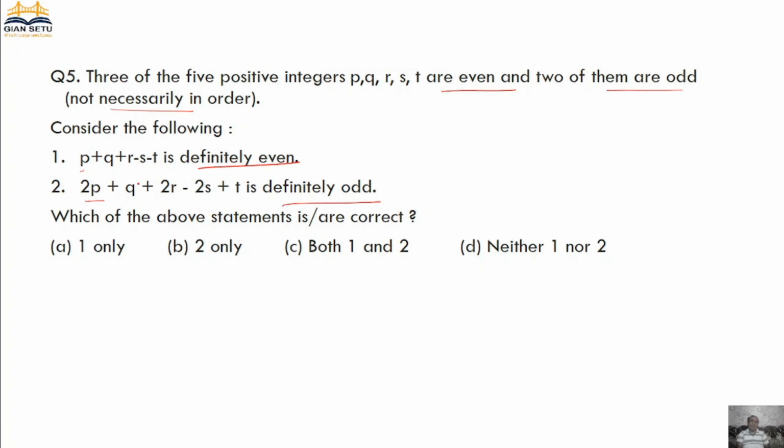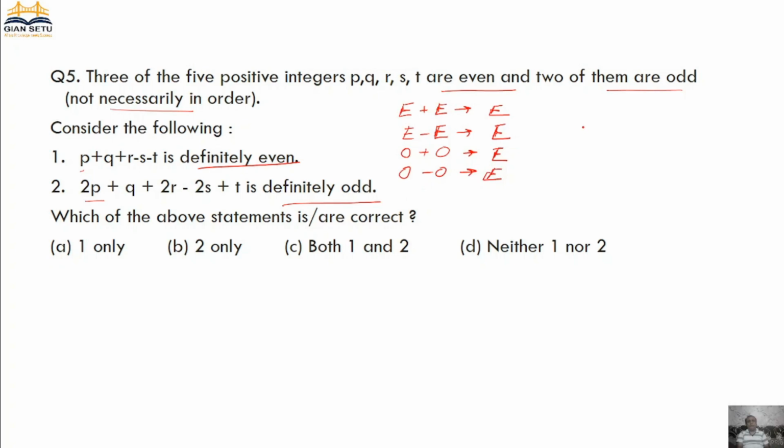Now to solve this question, we use the concept of parity of numbers. When we add an even number to an even number, we get an even number. And when we subtract an even number from an even number, we also get an even number. Similarly, if we add two odd numbers, we get an even number, and if we subtract an odd number from an odd number, we again get an even number.